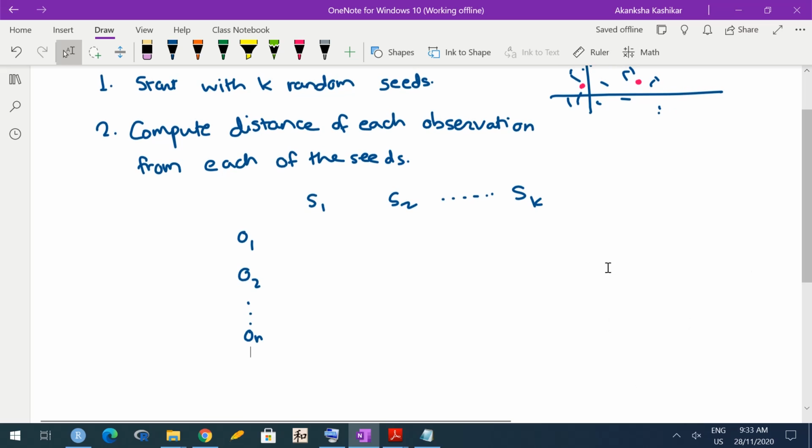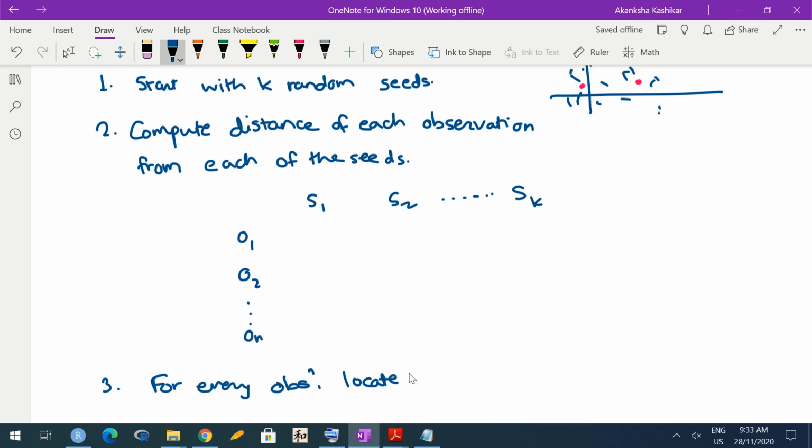Then what we have to do? For every observation, locate the seed to which that observation is closest.